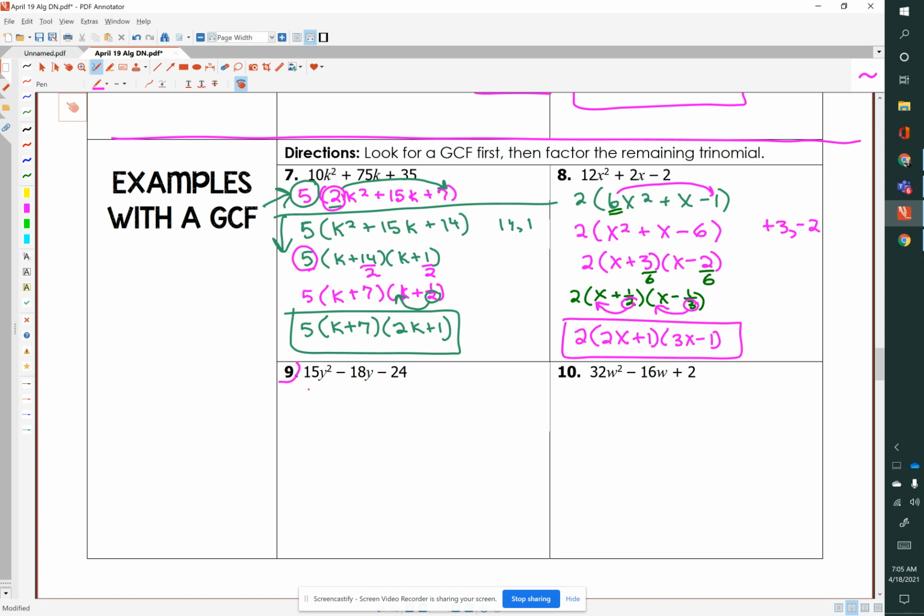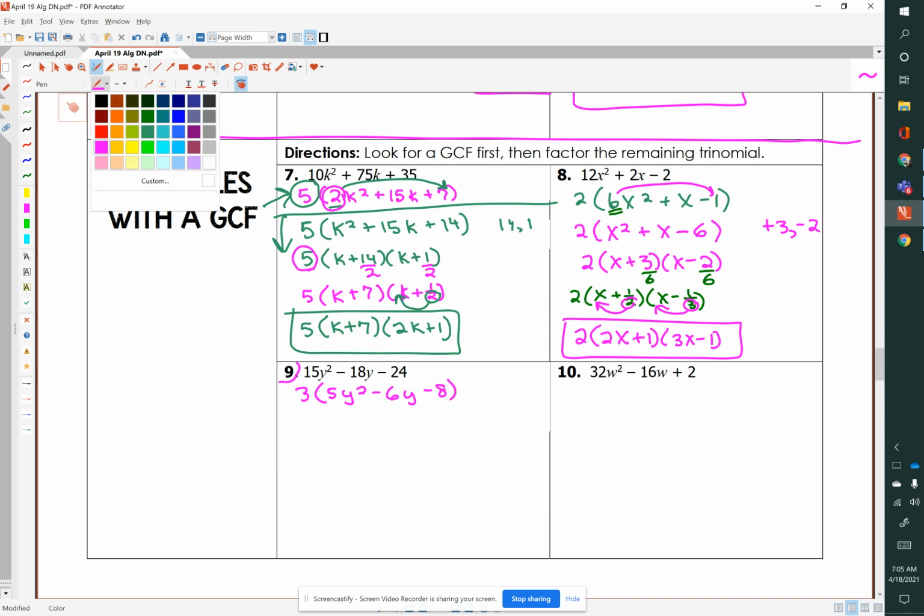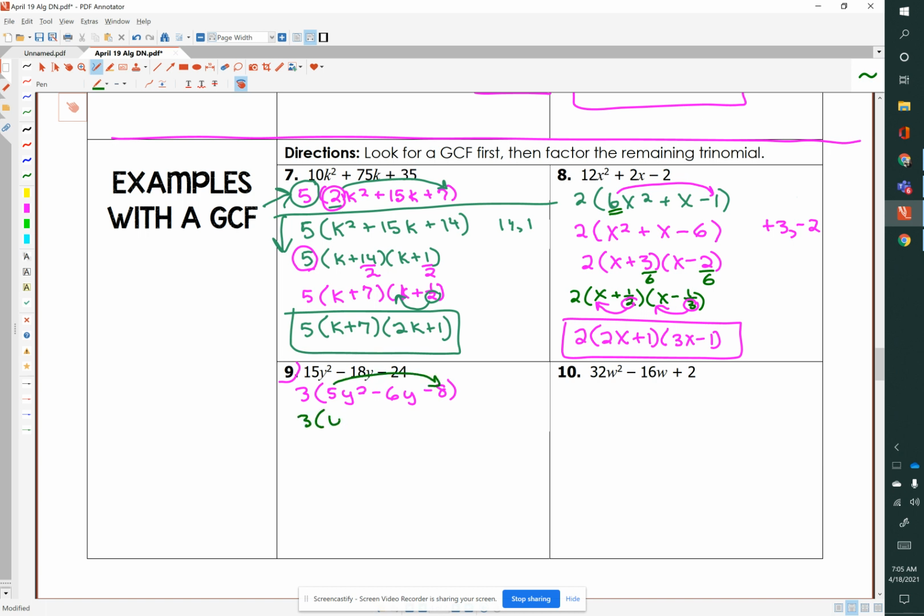Let's factor out a 3, which would give us 5y squared minus 6y minus 8. Now we're going to slip and slide. So 5 times negative 8 would give us y squared minus 6y minus 40.